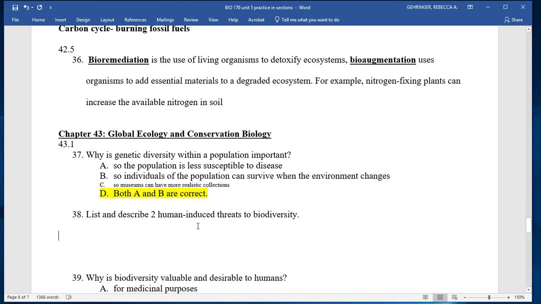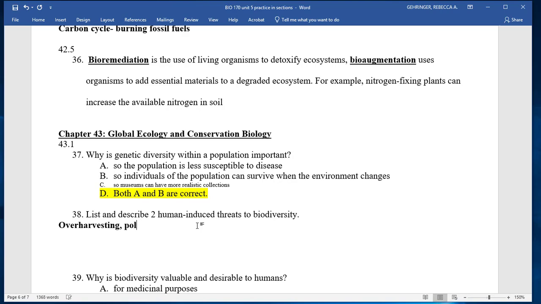38, human-induced threats to biodiversity. There's a number of them. You could come up with lots of them, but we could say, well, first of all, what's biodiversity? That's really like diversity of life, right? But we could say overharvesting, right?